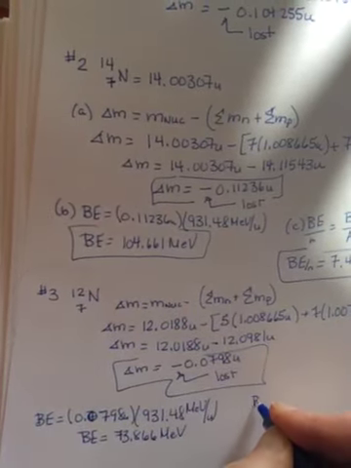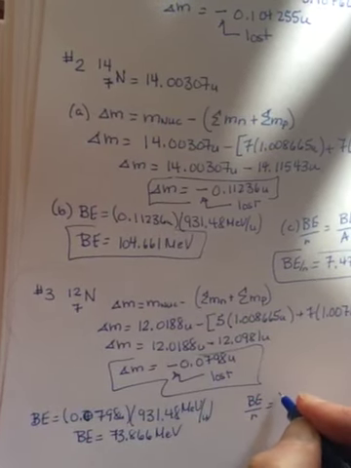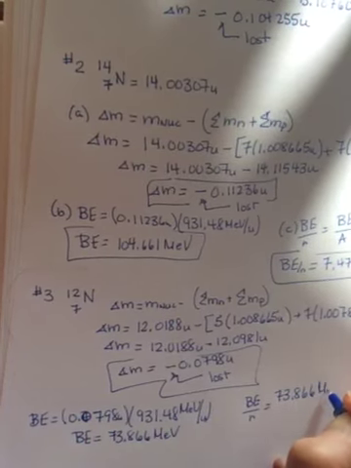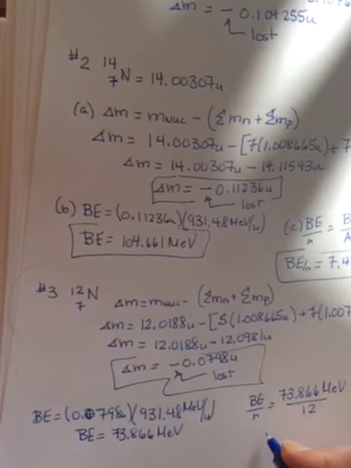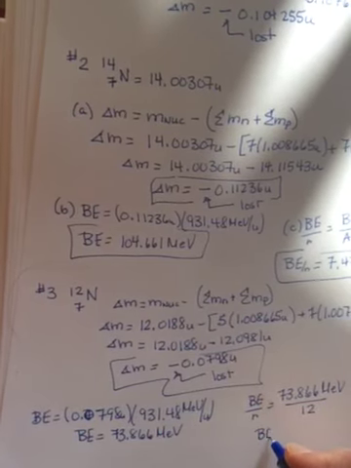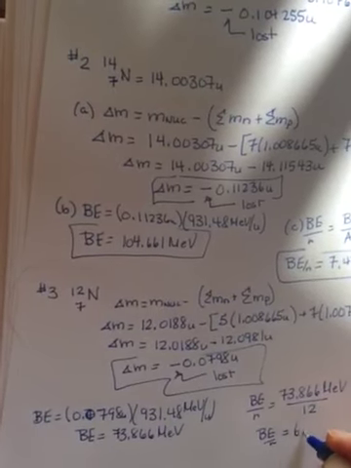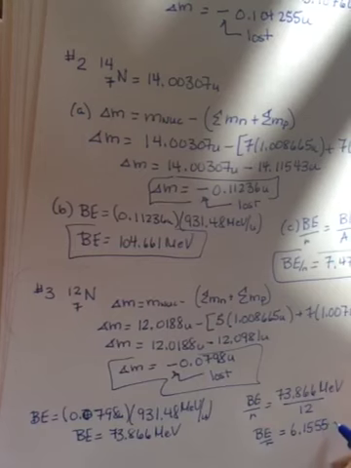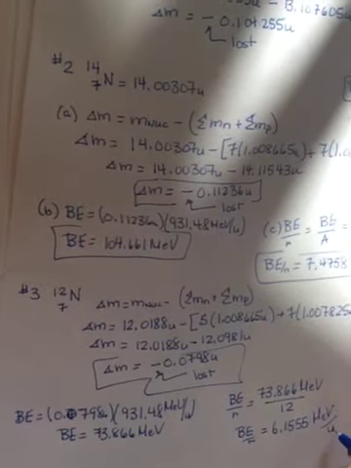And so then finally, binding energy per nucleon. So you're going to take that 73.866 mega electron volts, and per nucleon is 12. And so your binding energy per nucleon is equal to 6.155, I think there's another 5 there, mega electron volts per nucleon.